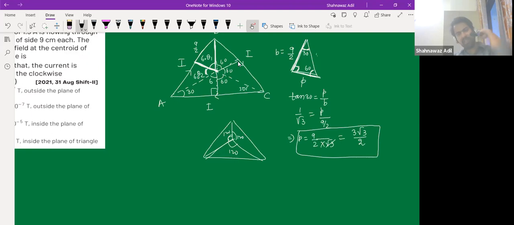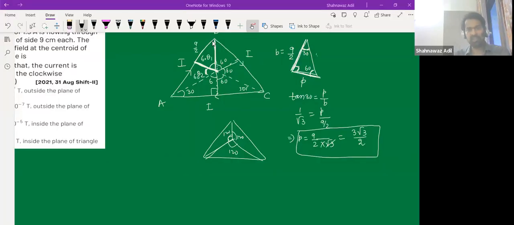Is that clear, everyone? If we use the right-hand thumb rule, the current is going like this. So this is our thumb. What would be the direction?